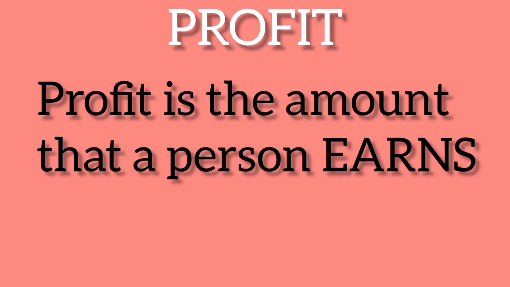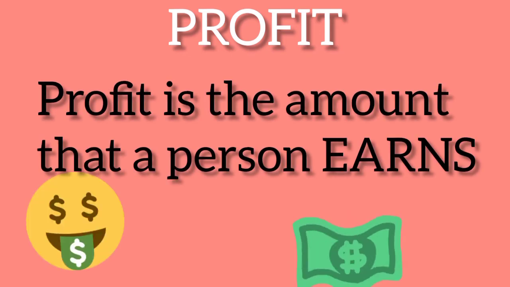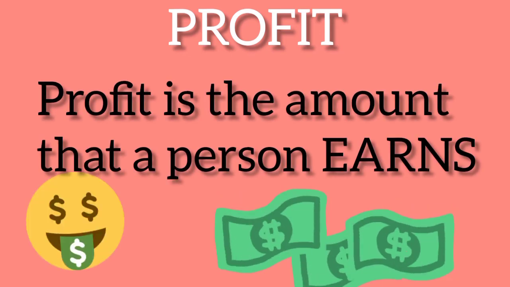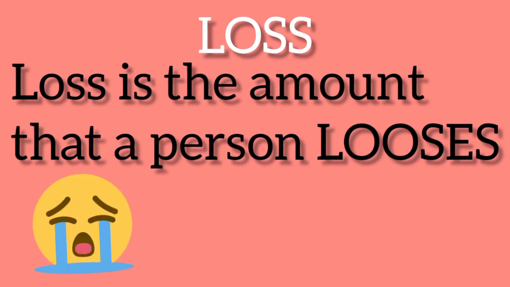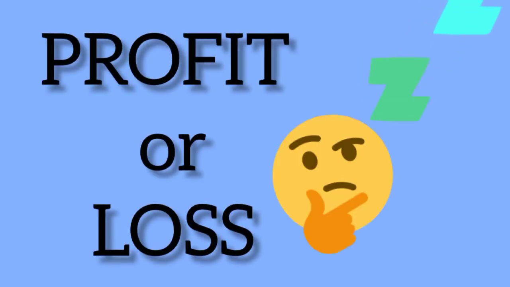Now let's understand something about profit. Profit is the amount that a person earns from his business or any other transaction. Loss is the amount that a person loses in his business or any other transaction. To check whether the business is having profit or loss, we have to see its cost price and selling price.